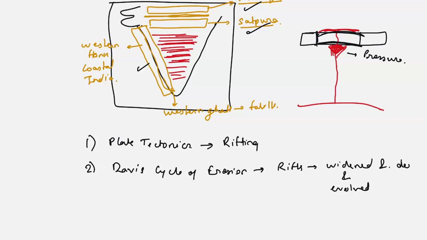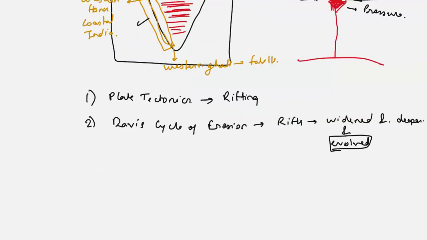Overall, we see that this rift valley, as we also call it, has evolved over time because almost 45 to 50 million years have already gone. So this is a case of the rift valley system, which can be explained by the Davis cycle of erosion.